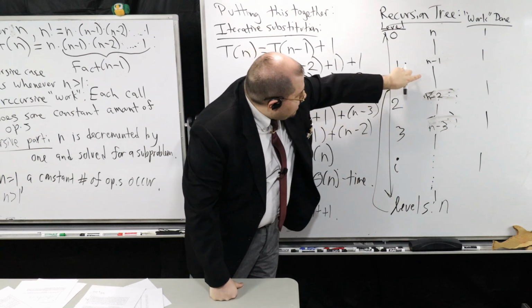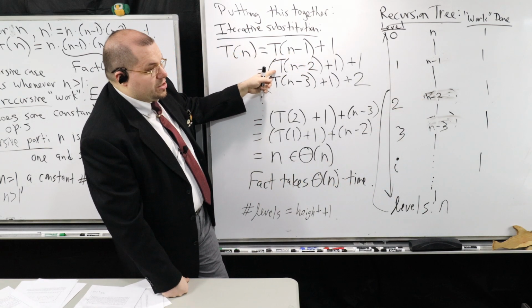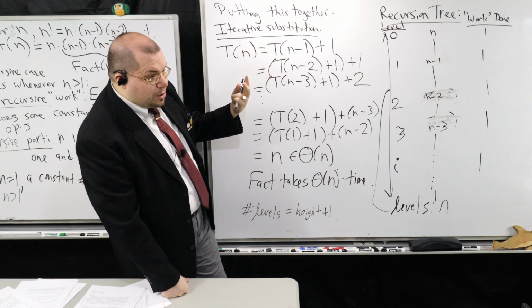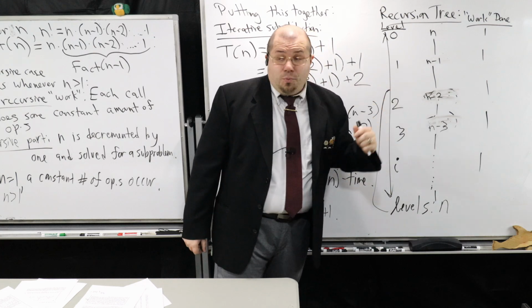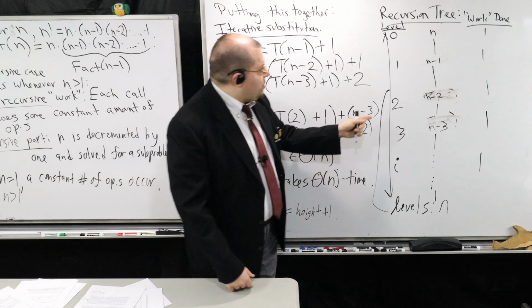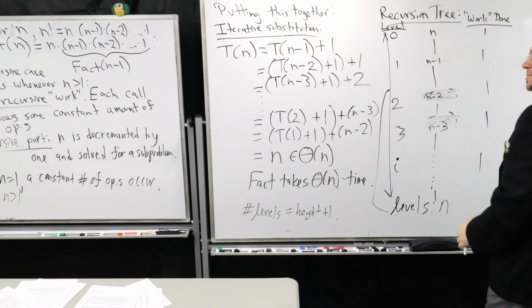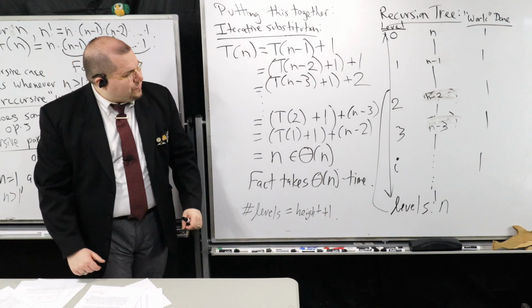Each one of these edges in the tree corresponds to a recursive call. If there were 2 recursive calls, I would have exactly 2 children in the tree. Here I just have 1. Just like if I had 3 recursive calls, you would have 3 children.